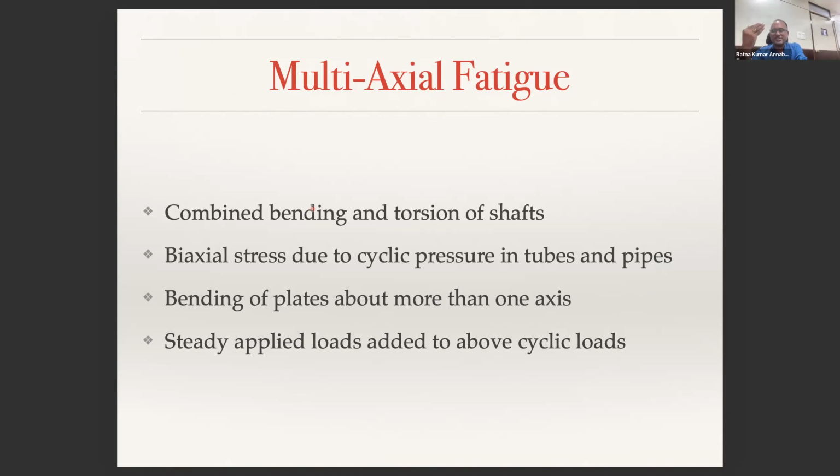In general, 90% of components will experience this multi-axial loading. Similarly, cylindrical pressure vessels undergo a biaxial state of stress, sigma xx, sigma yy. For example, hoop stress and longitudinal stress are in two different directions. Although it is purely normal, again they have two principal stresses.